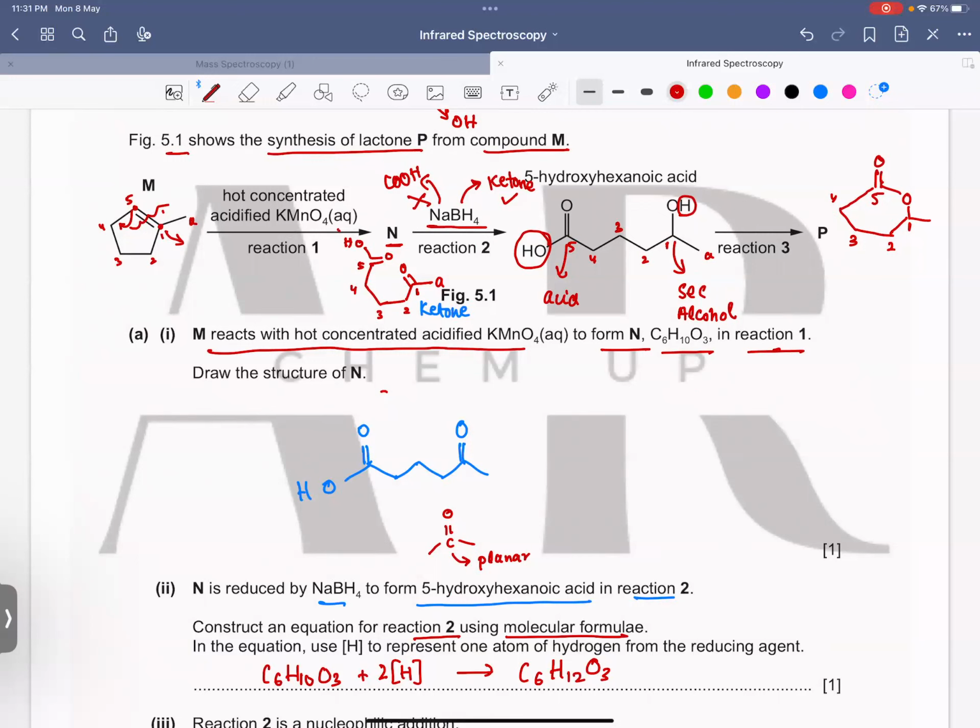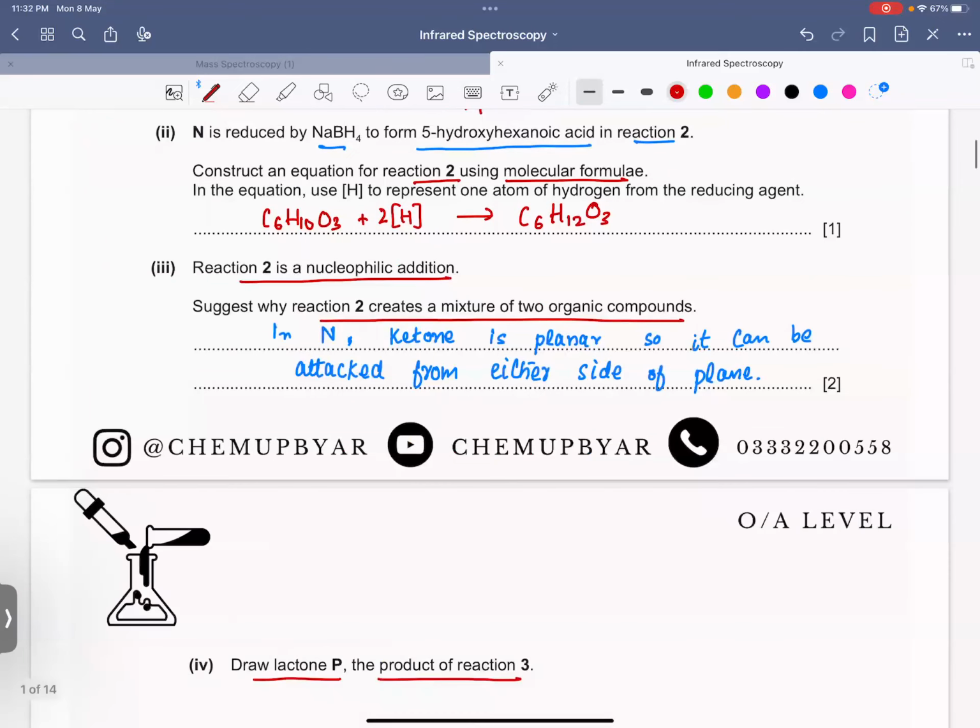So normally in that case, when optical isomers are formed, they are actually in equal amounts. Sir, where was the formula C6H10O3 deduced from? It's given over here. Okay, right. Otherwise, you have to count it.